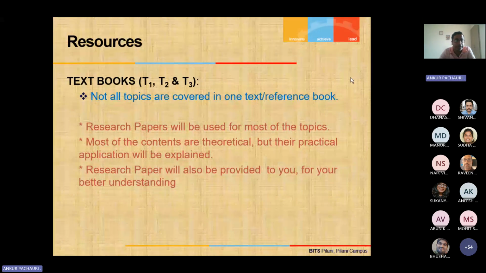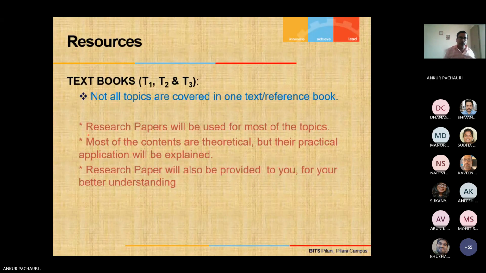So we will be using research papers to cover most of the other topics. Whichever I use, I'll first put up the reference and details of the paper, and if you want, I can also provide those research papers to you. Sharing research papers doesn't come under the Copyright Act, so I think those can be shared.